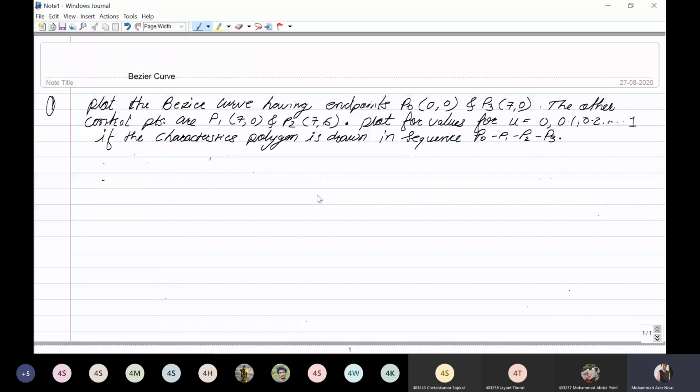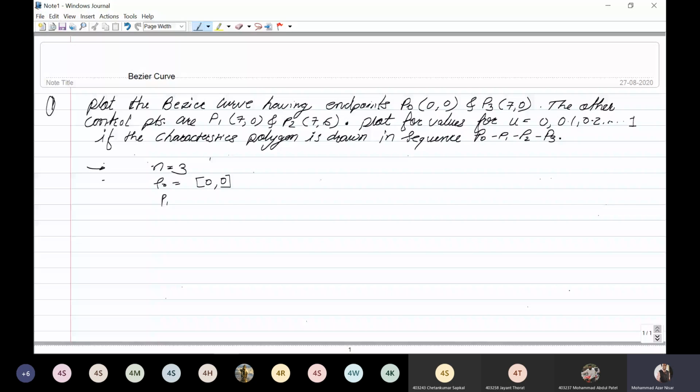So first of all, we have to write the given data. It is a cubic, so n equal to 3. P0 is (0, 0). Then P1 is (7, 0).